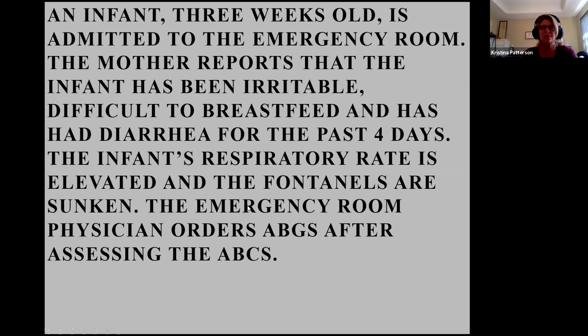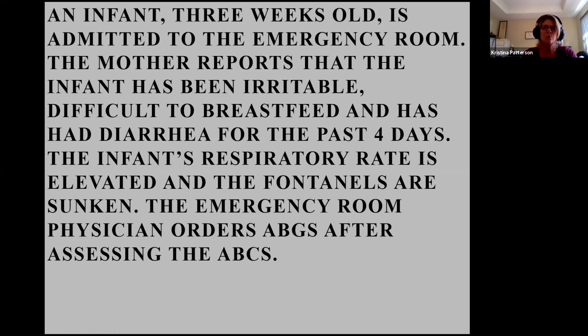So we have an infant who's 3 weeks old, admitted to the ER, and the mother reports the infant has been irritable, difficult to breastfeed, and has had diarrhea for the past 4 days. The infant's respiratory rate is elevated, and the fontanelles are sunken. And the emergency physician orders ABGs after addressing the ABCs.